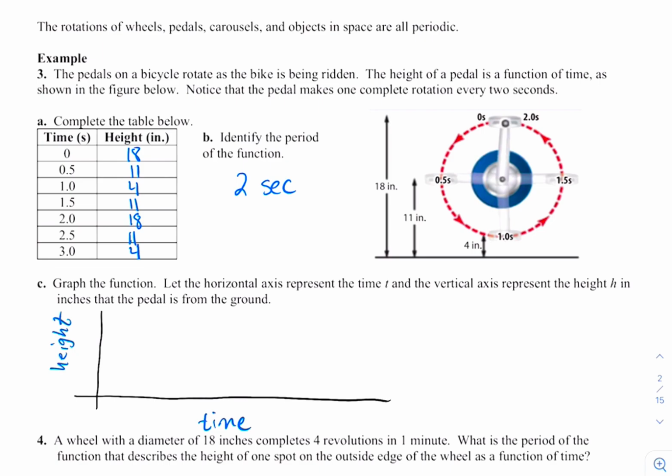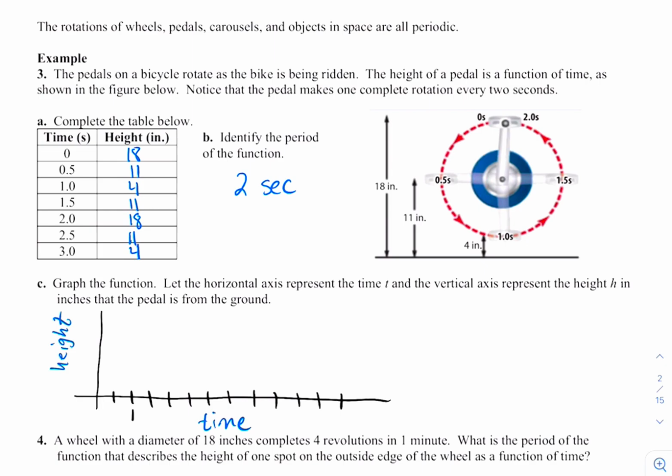Most of the time, if we are dealing with time, we're going to pick whatever the interval is in our x column. So for these, I'm going to count by halves since I'm increasing by half a second each time. As we mark these, we can fill in every single interval, or we can give enough information so that when someone looks at our graph, they know what we would be counting by.